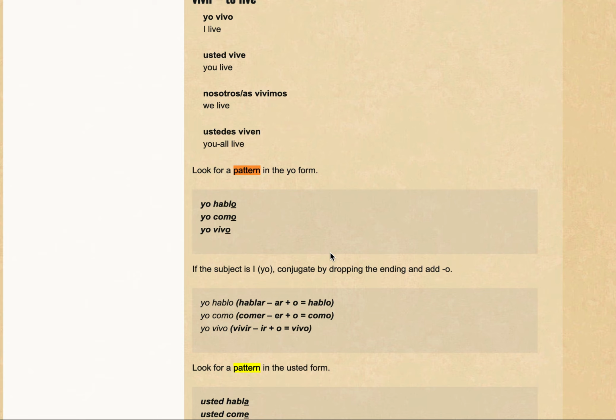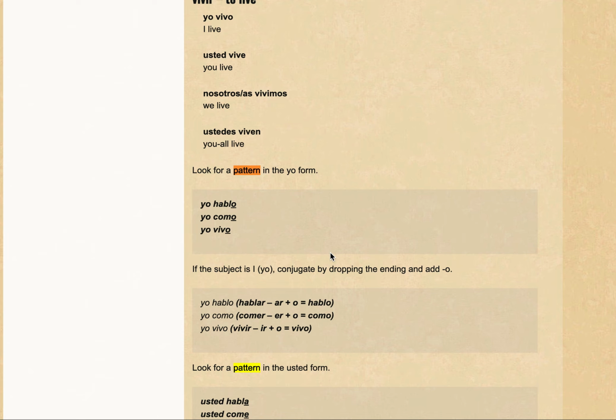So we have four different forms, and from what you've seen yesterday, the commonality is that in terms of conjugation, the ending of the regular verb form is removed, and then we add something to it. So what we need to remember is what needs to be added to the verb. So let's look at yo first.